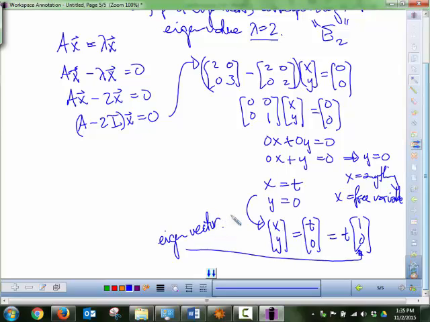And in this case, we have one eigenvector that spans your eigenspace for lambda is equal to 2. So E2 is equal to the span of 1, 0. So that's the eigenspace way of writing this. This is your eigenspace.